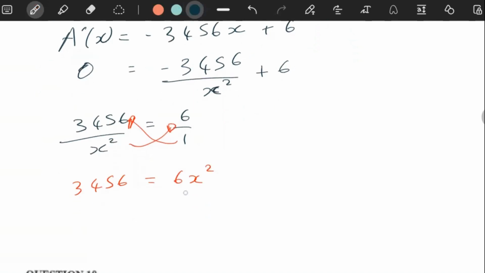And then here, divide by 6 on both sides. You can have x squared equals 3456 divided by 6. That's 576.